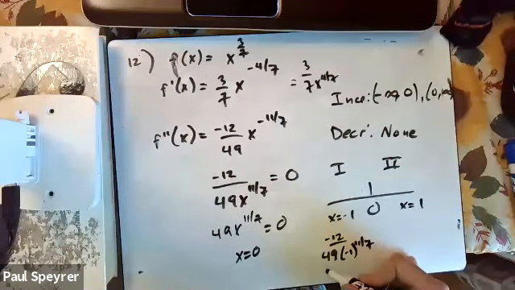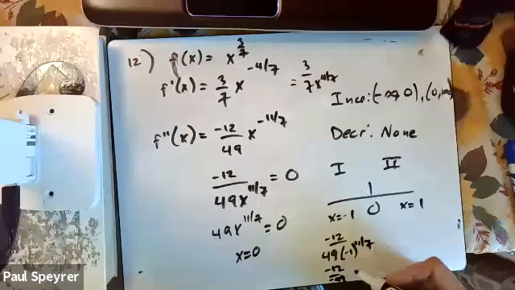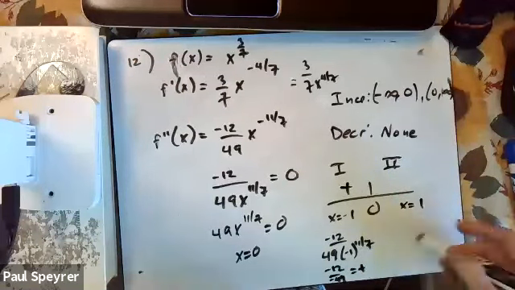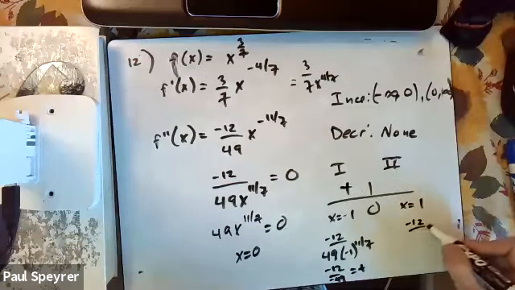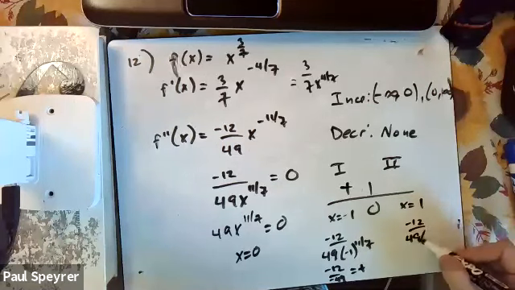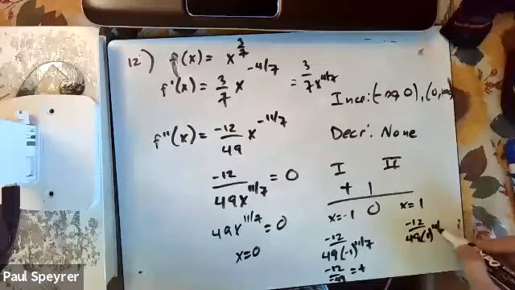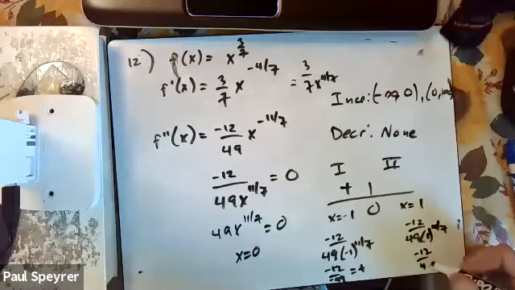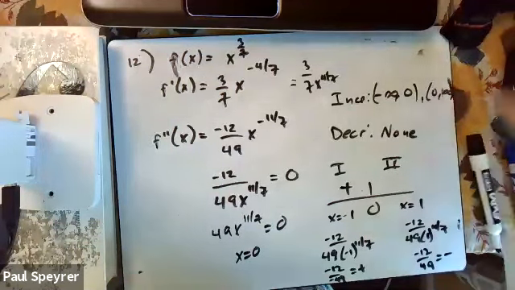So basically, we have -12 over -49. That's positive, right? What if I plug 1 in? We get -12 over 49 and then 1 to the 11/7. Well, that's -12 over 49, which is negative.